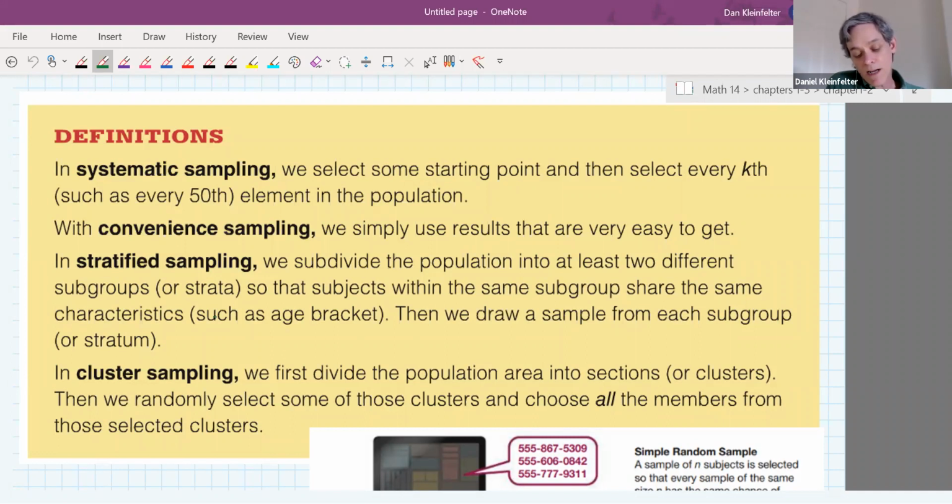Then we draw a sample from each of those subgroups. In cluster sampling, we divide the whole population area into sections or clusters, and then randomly select some of those clusters and choose all the members from those clusters.